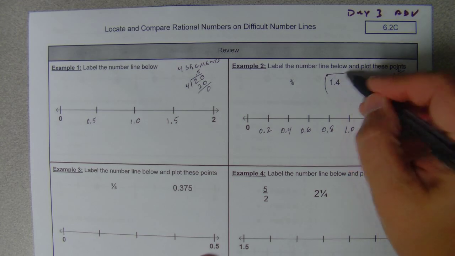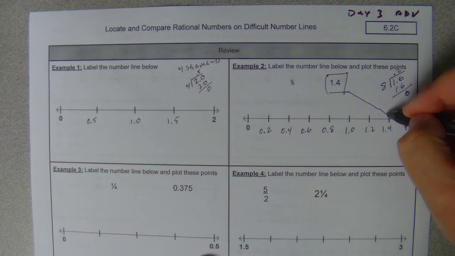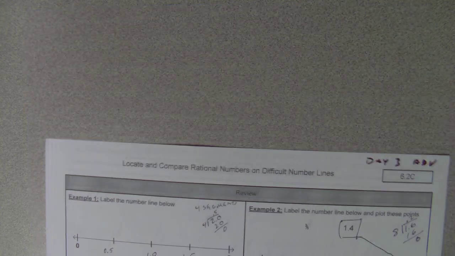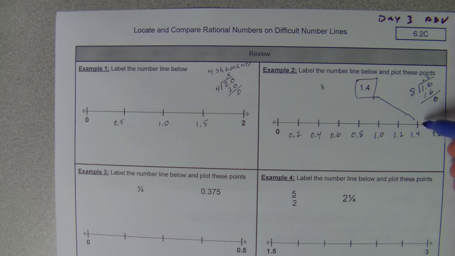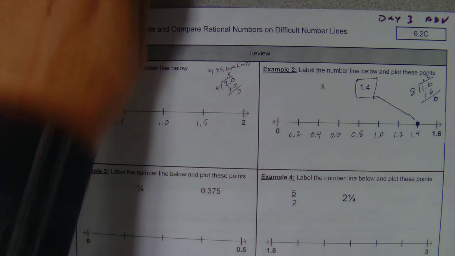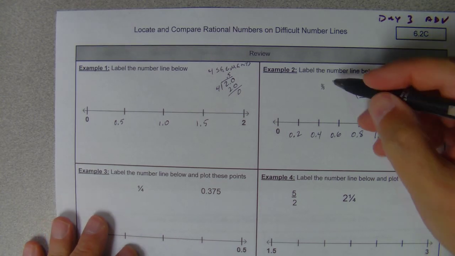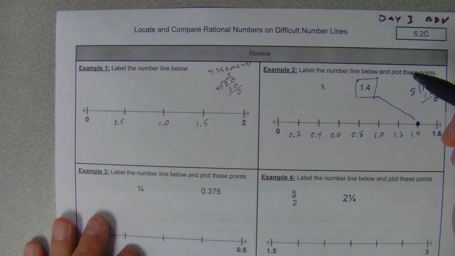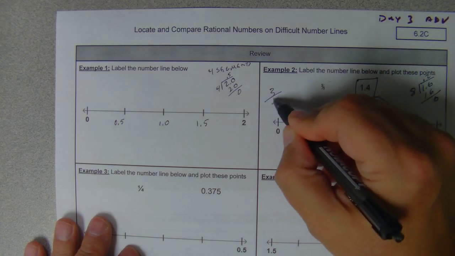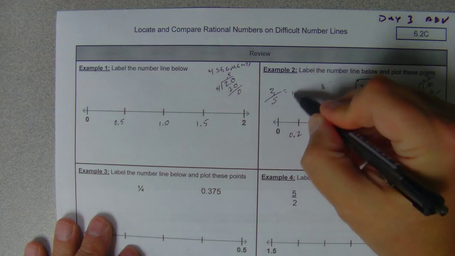Well, this one is really easy to identify. That's right. I don't want to bleed on the paper. Is right there. I guess it really doesn't matter to use a different color. But this one, 3/5. Remember, 3/5 equals what over 100?